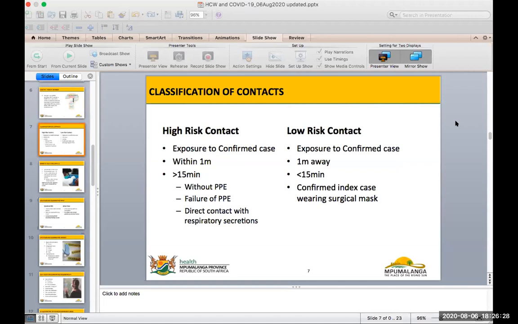It's exposure to a confirmed case, but you were 1 meter away, spending less than 15 minutes with the patient, and the confirmed case at that time was wearing a surgical mask. We need to understand this terminology so that when we discuss the isolation and quarantine procedures, we'll be referring to high risk and low risk.